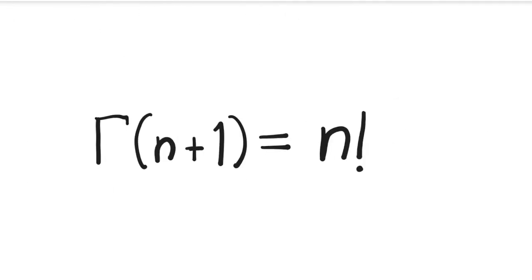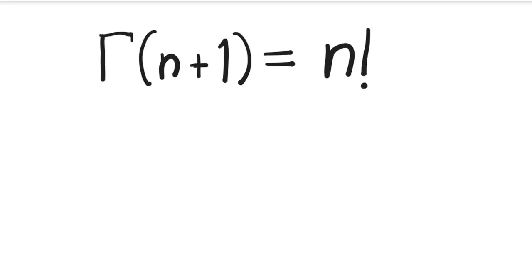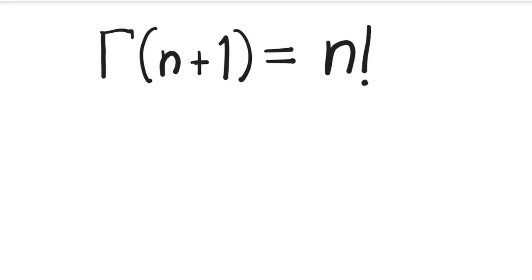Now, how are these two terms related? How do we come up with this equality over here? Well, first, let's go back to the definition of gamma, and instead of taking just n as our input, we will take n plus 1.